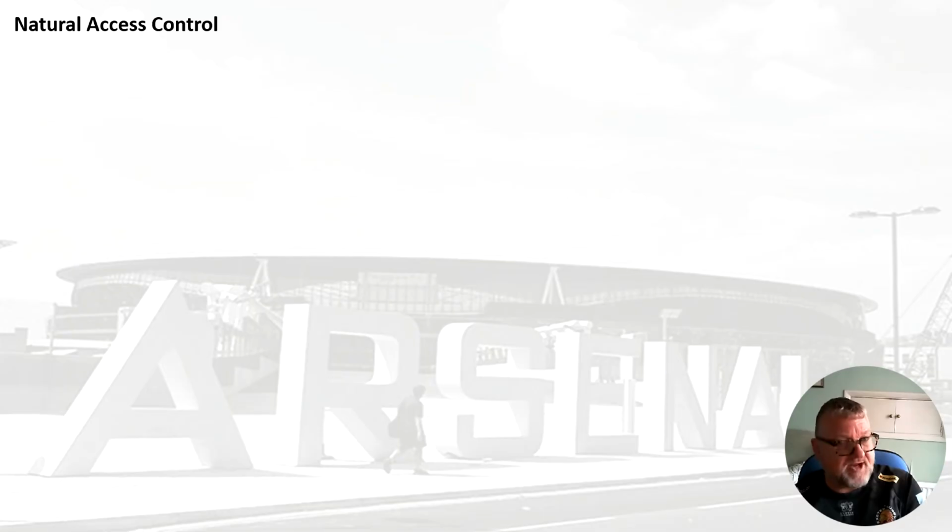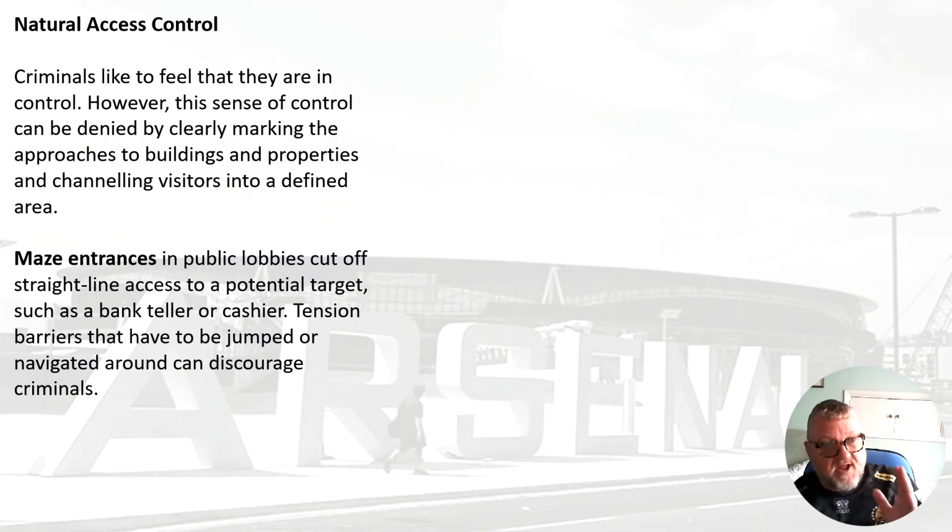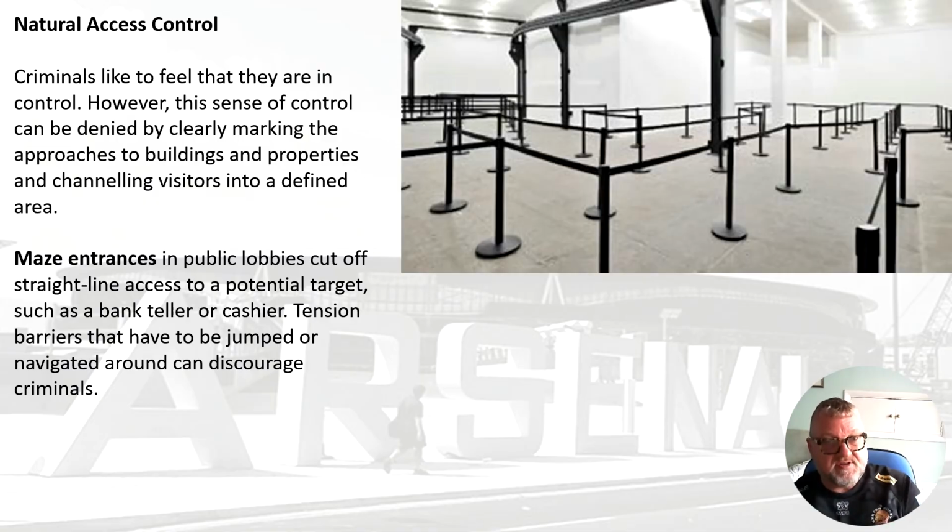When we talk about natural access control, that's all about how criminals like to feel they're in control, but you could deny them that feeling by clearly marking the approaches to buildings and properties and channeling visitors into a defined area. So things like maze entrances, these things here in public lobbies, cut off straight line access to potential targets such as a bank teller or a cashier.